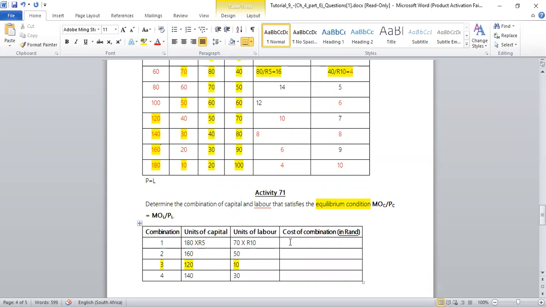Then you add these two, capital and labor. So it gives you the cost of combination in rand, which here is how much? 1,600. I will need one student to calculate it for me and give me answers.